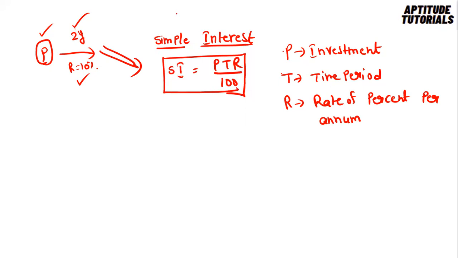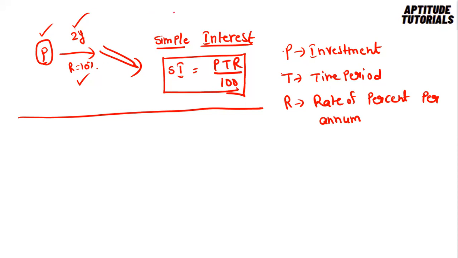Can we solve the same question in the percentages method? Yes, we can. What is the percentages method? P is the investment or the principal value, and the rate of interest is calculated per annum, meaning every year. As you can see here, the rate of interest is 10%.